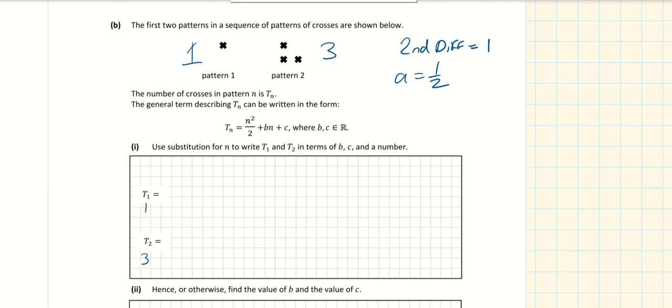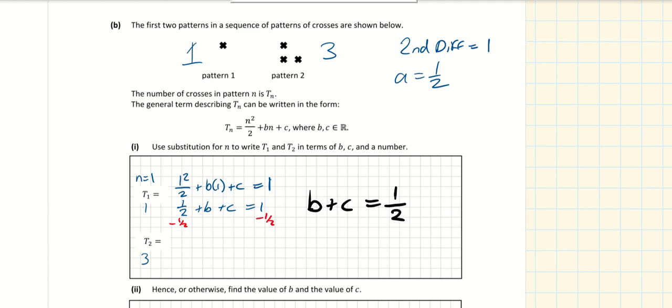For T1, that means n is equal to 1. So we have 1 squared over 2 plus b times 1 plus c is all equal to 1. Okay, so that means a half plus b plus c equals 1. If we minus a half from each side, we get b plus c equals a half. Okay, so that's one equation.